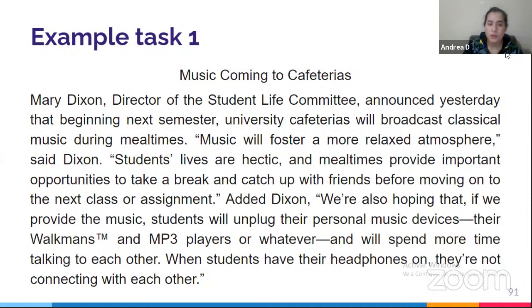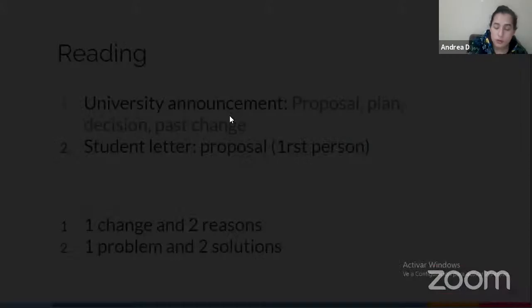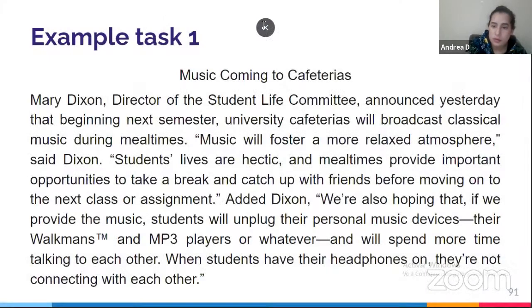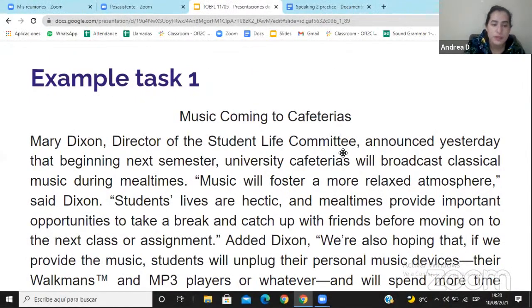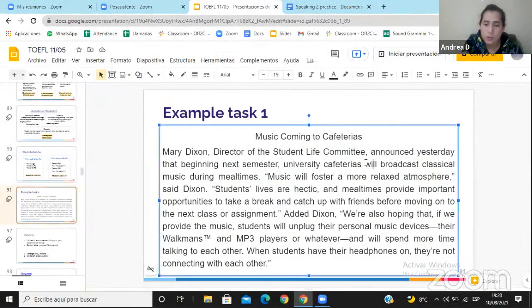Good, that's it. Yeah, so they're gonna be playing classical music in the cafeterias. If we have to choose a phrase, I think it'll be this one. So they will broadcast classical music during mealtimes or play classical music in the cafeterias.